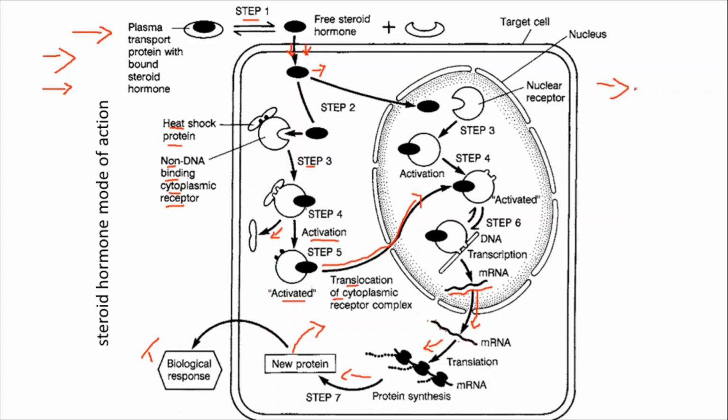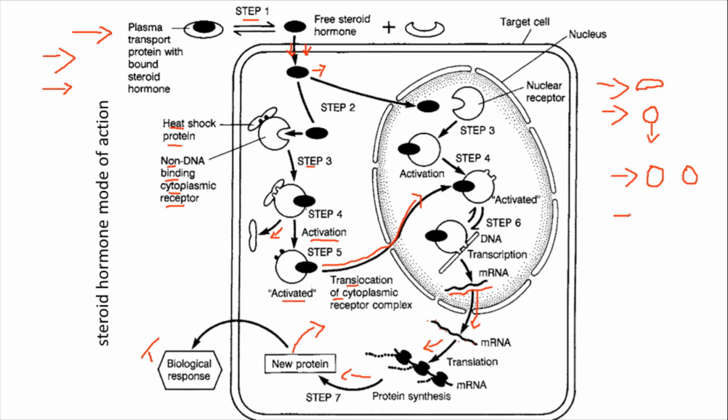The hormone is transported via transport protein. Second, the steroid hormones are directly translocated into the cytoplasm, either by diffusion or receptor mediated. Once transported, it binds the cytoplasmic receptor or nuclear receptor.